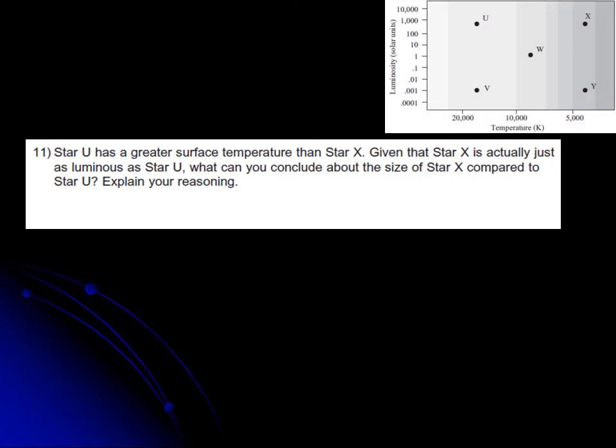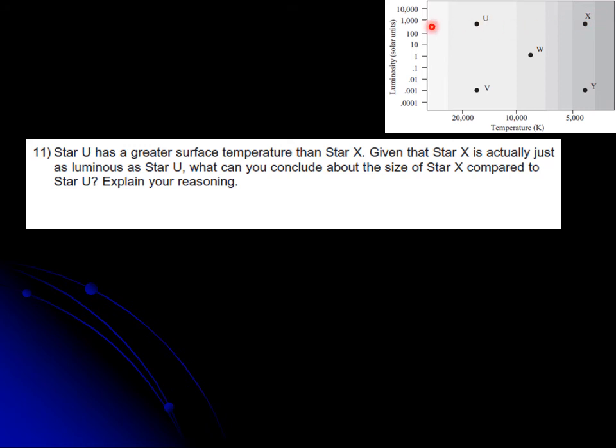In question 11, it says star U has a larger surface temperature than star X. We can see that U has a temperature that is way larger than X. Given that star X is actually as luminous as U, what can you conclude about the size of star X compared to star U?